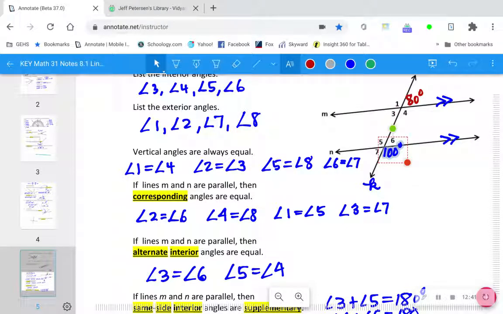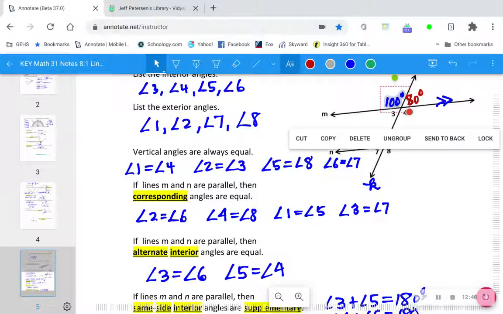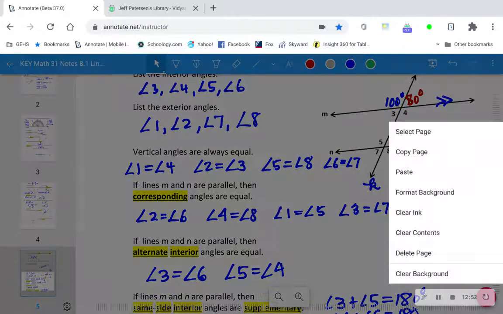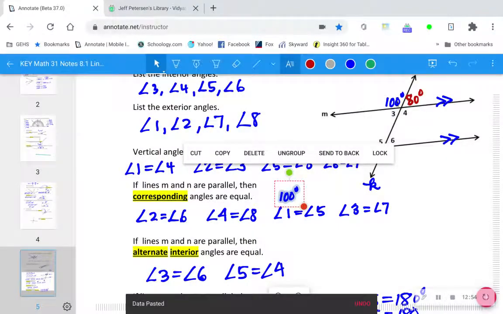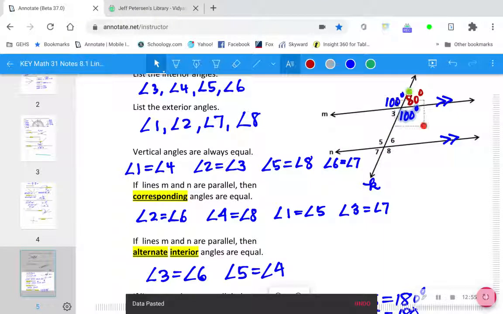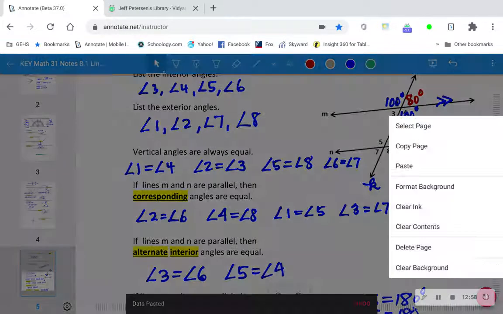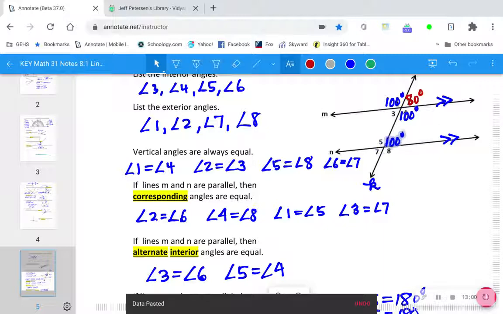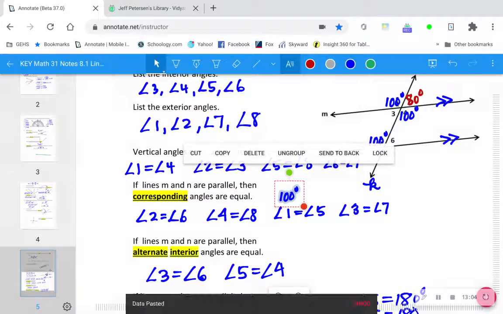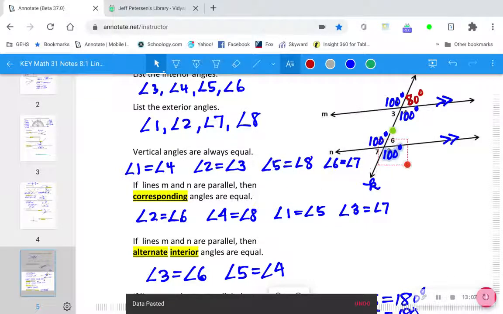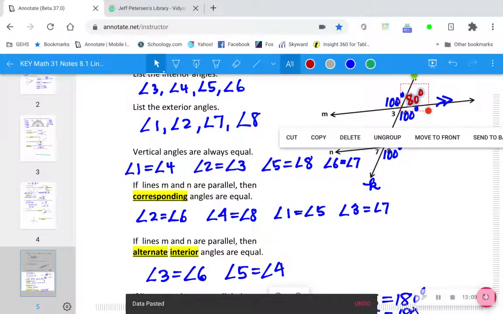So in the end, what you would have is the following, okay? Let me see if I can get this to work here. Copy that and paste it, and then paste it again, and paste it again. And then I'll do the same with this one.